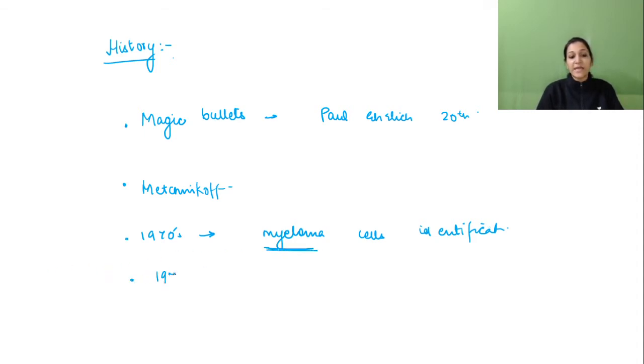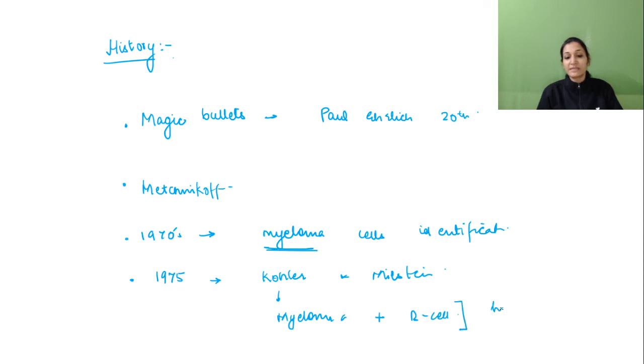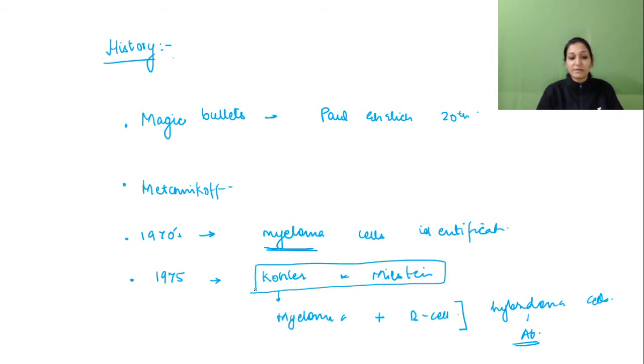After that, in 1975, the scientists Kohler and Milstein succeeded in fusing the myeloma cell with B cells. This is when they created the hybridoma cells, and these hybridoma cells have the capacity of antibody production. So the credit for production of hybridoma cells goes to Kohler and Milstein.